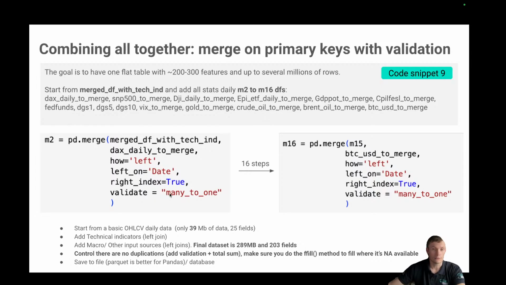Say we want to add S&P 500 growth for today to the existing data set, and we know that there are at least 33 records in that data set for today's data, and one number from the macro stats needs to be applied to the 33 records on the left data set. That's why I have a validation many to one.